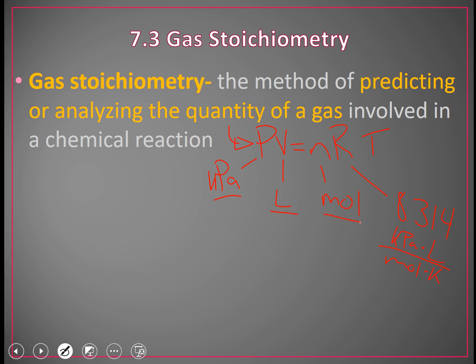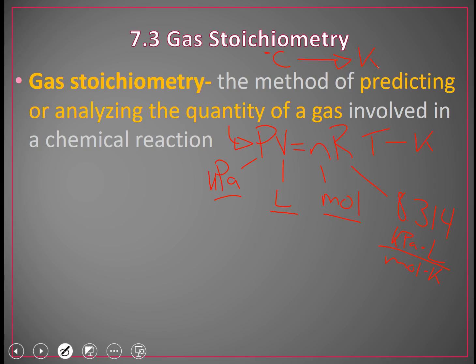So 8.314 is just a constant, right? It doesn't change. And the last one is temperature in what? Kelvin, right? So remember, anytime we're dealing with temperature in gas stoichiometry, temperature has to be in Kelvin. You also have to remember how to convert from degrees Celsius to Kelvin.